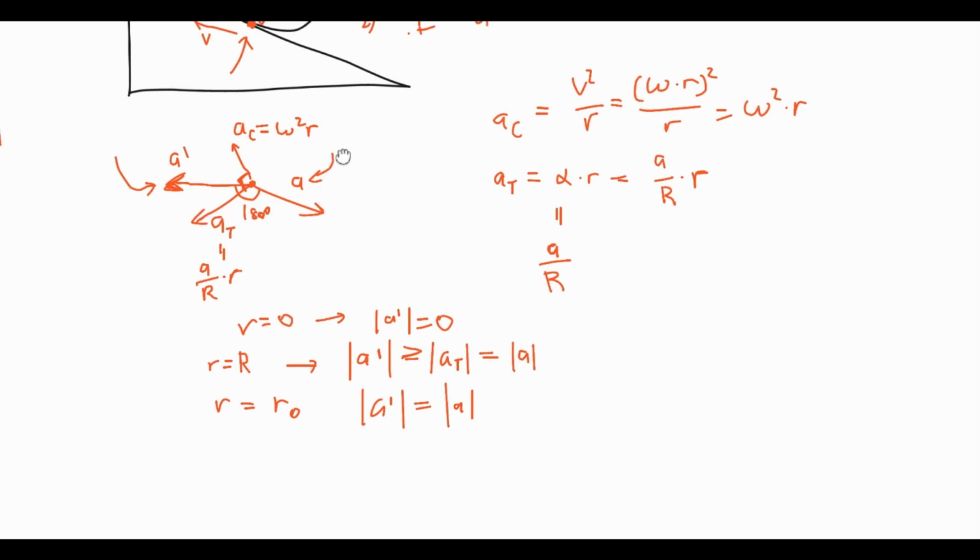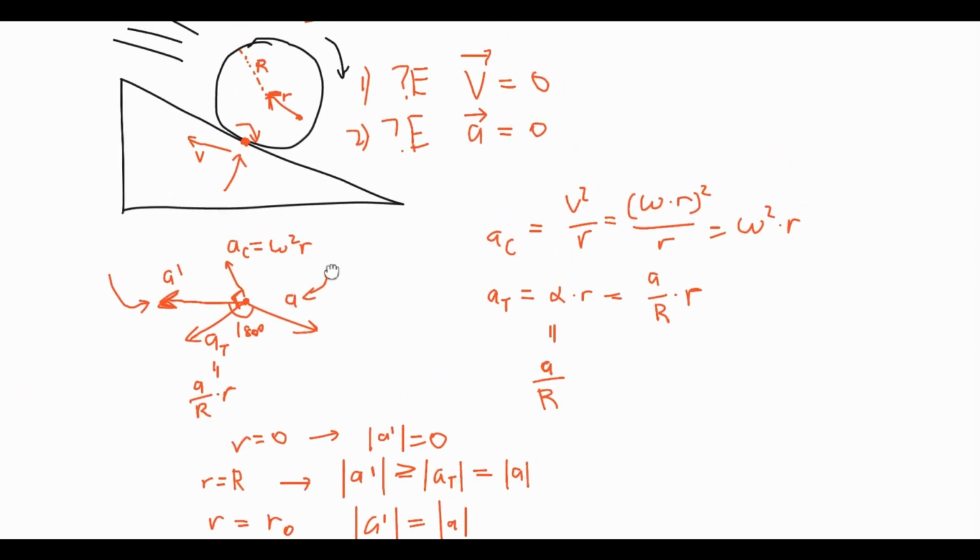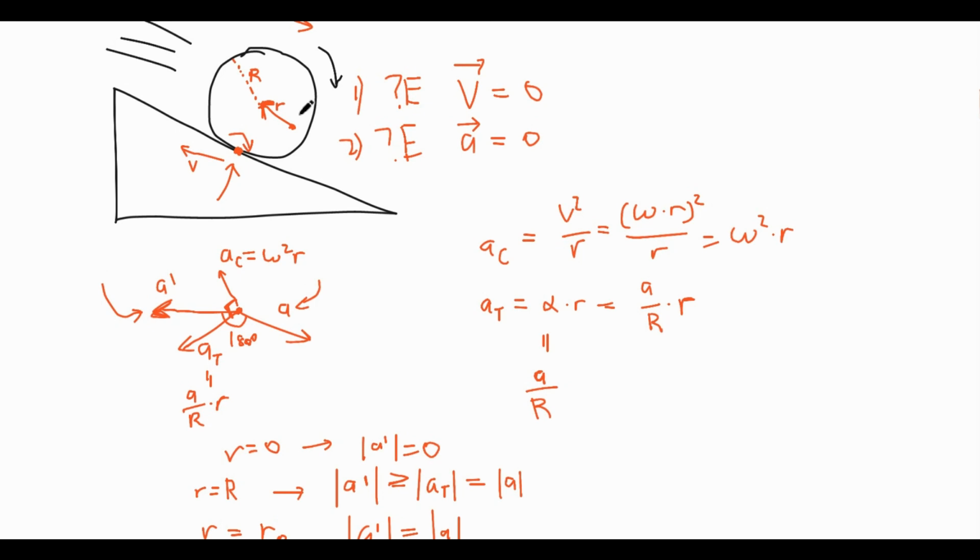Well, that's actually a lot simpler than you might think, because remember, all the calculations I've done so far only depend on the distance of this point from the center. It does not depend on where the point is on this circle with radius r. So that means that if these two vectors don't match up, we can just rotate this point to another point here so that they do match up.